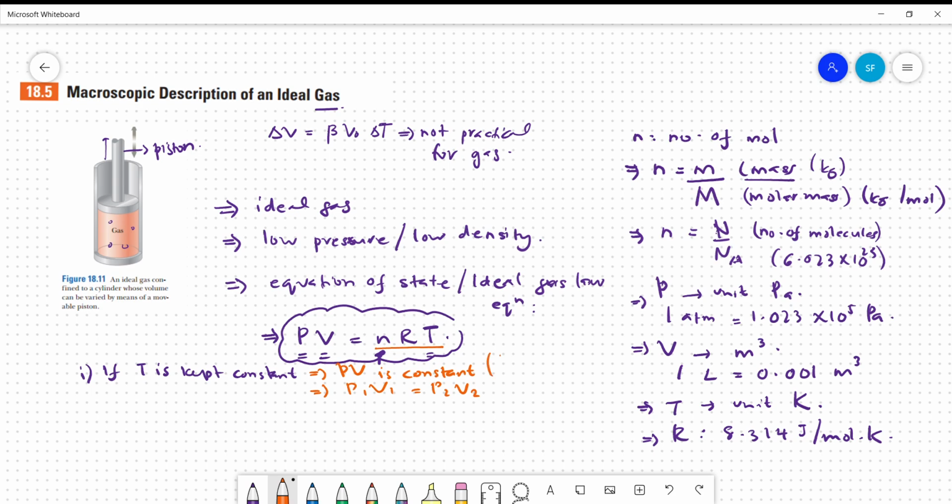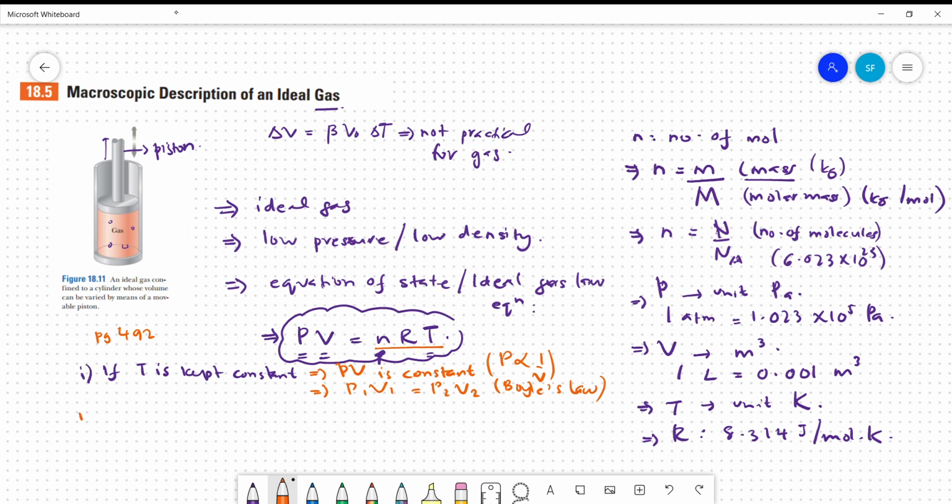Or we can say P is inversely proportional to the volume. This is basically Boyle's law. You can refer to page 492 in your textbook.